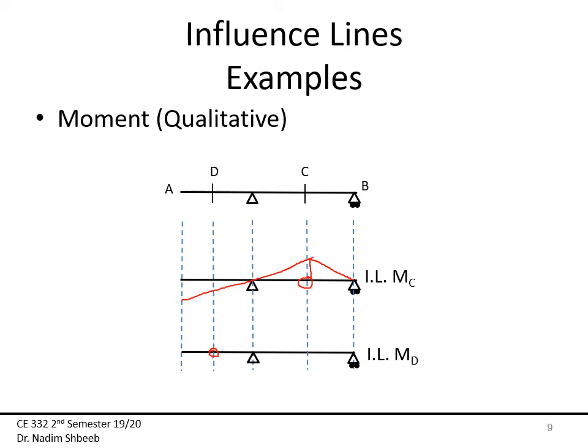You can't, then this is just going to fall down, with this again being equal to 1. Here's what I talked to you about. Okay, so these are the quantitative influence lines for the moment at C and D.